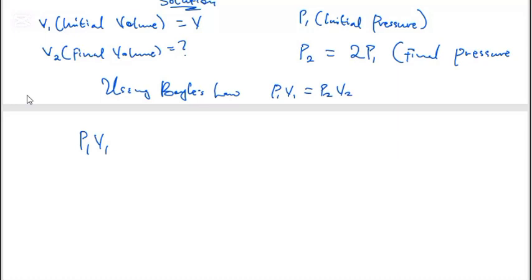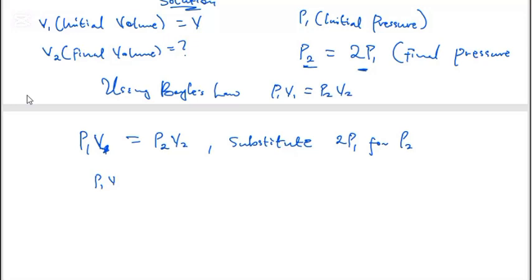So P1 times V, which is our V1, is equal to P2 times V2. But remember that P2 is equal to 2P1, so we substitute 2P1 for P2. So P1 times V is equal to 2P1 times V2.